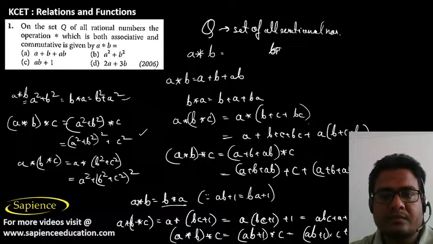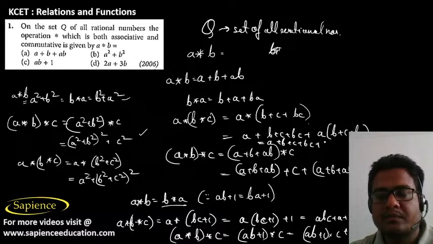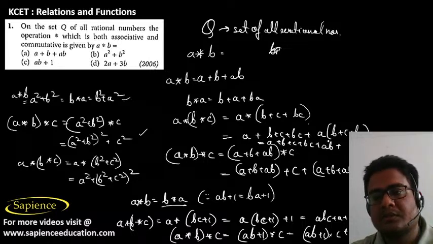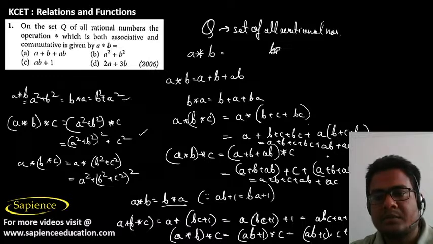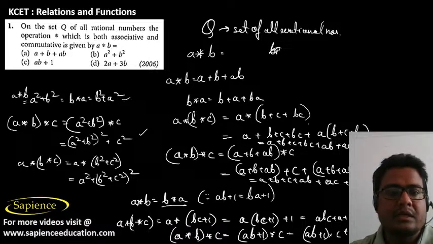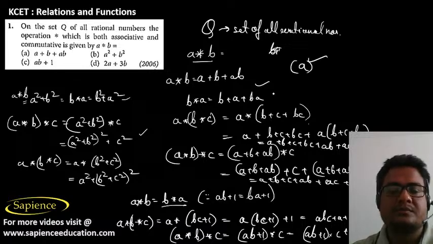If we expand it, this will come A plus B plus C plus BC, plus AB plus AC plus ABC, and here it will be A plus B plus C plus AB plus AC plus BC plus ABC. So these two are the same. Therefore in the first option only, this operation star is commutative and also associative. So option A is the correct answer.